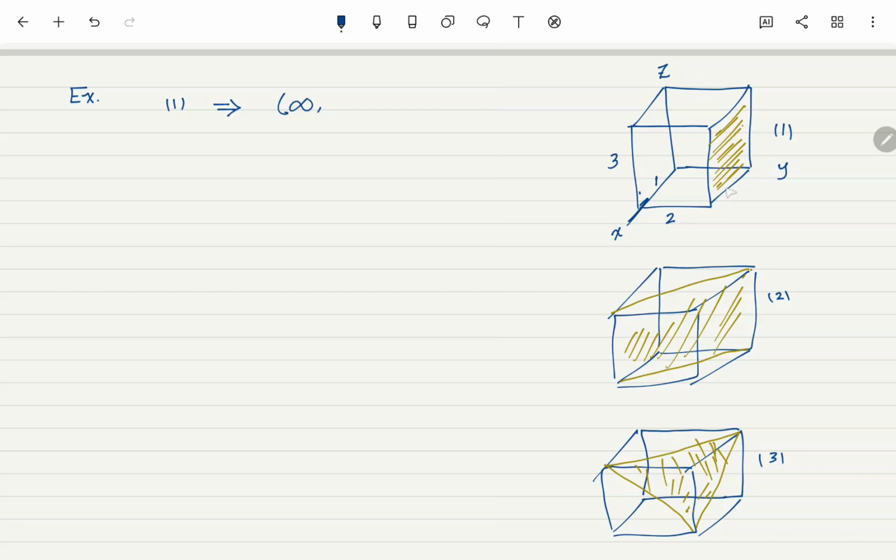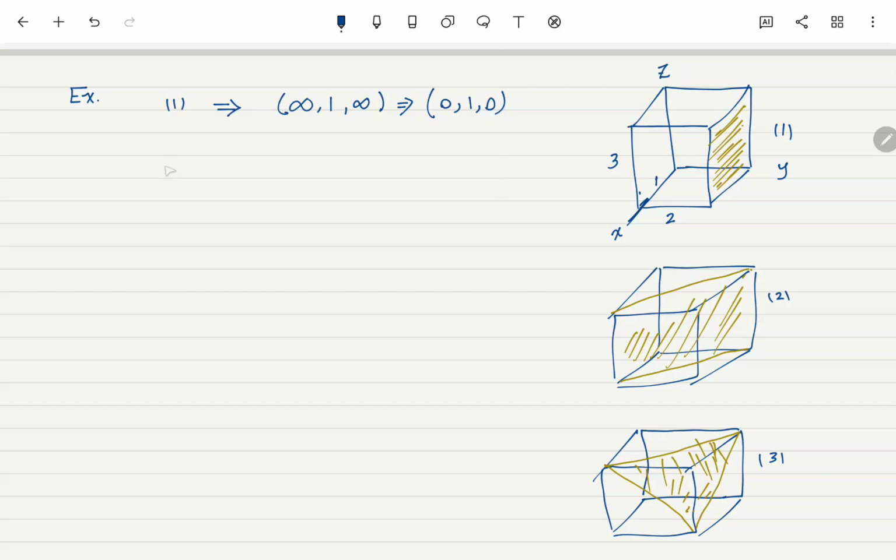It intercepts the y-axis at 1, and again this plane will never intercept the z-axis, so it's infinity. Take the reciprocals, it's 0, 1, 0. No need to multiply by anything, it's ready. This is the Miller indices for this plane.